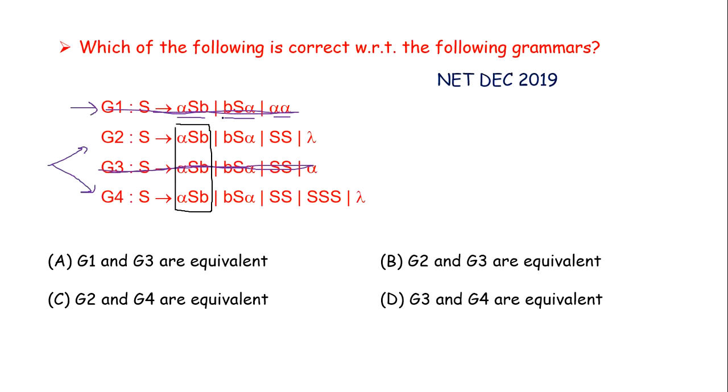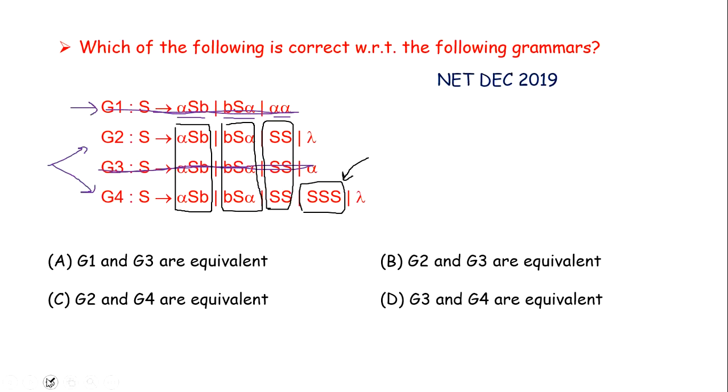It is the same. The second production is BS alpha. Again it is the same, so we do not need to check it. Now the third production is SS. It is again the same. And the fourth production in G4 is triple S, which is missing in G2.